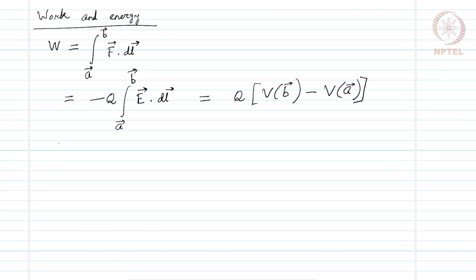So, VB minus VA equals work done over the amount of the point charge that has been carried. And if one wants to bring a point charge Q from infinity and bring it to a position with position vector r and stick it there, how much work is done?